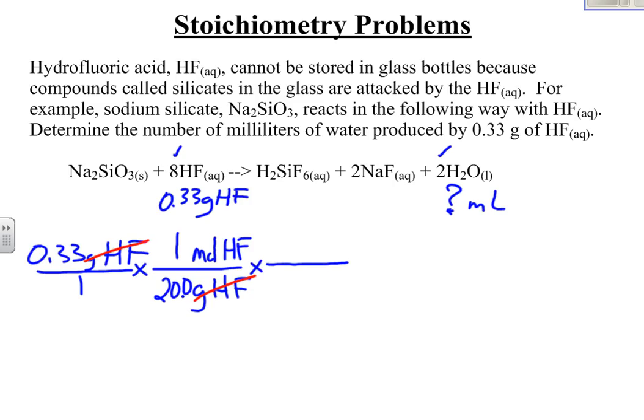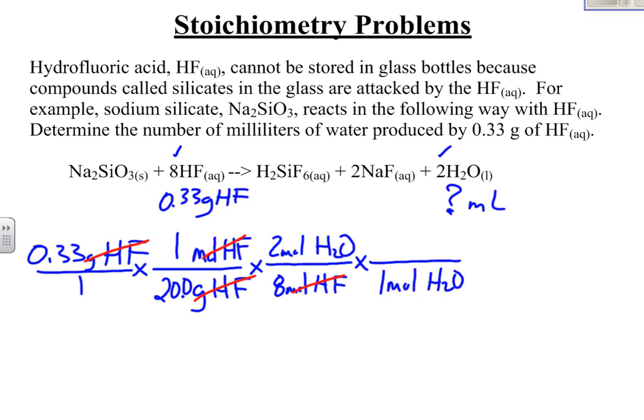And this is where we can utilize the balanced equation. If we look at the balanced equation, we know that 8 moles of hydrofluoric acid will produce 2 moles of water. Now, once we're in the moles of water, we can go to the quantity of water needed. So from moles, we're going to go to grams, and then use the density to go to milliliters. So 1 mole of water is 18 grams of water.